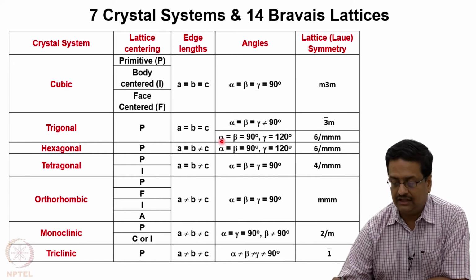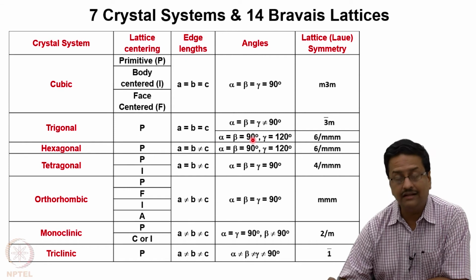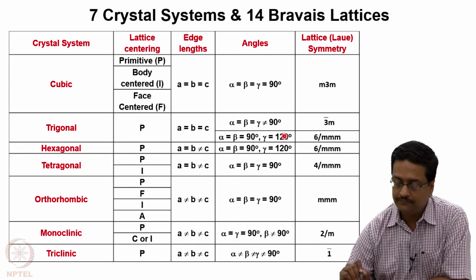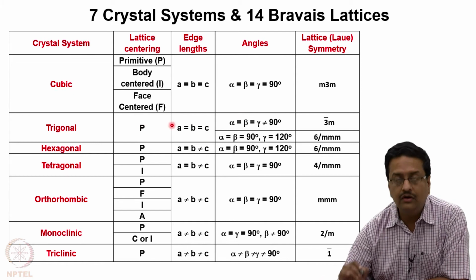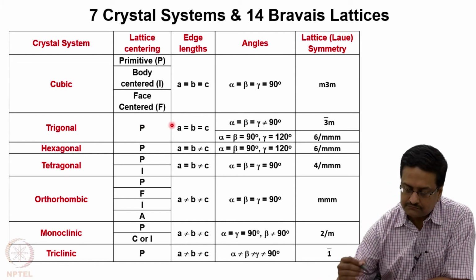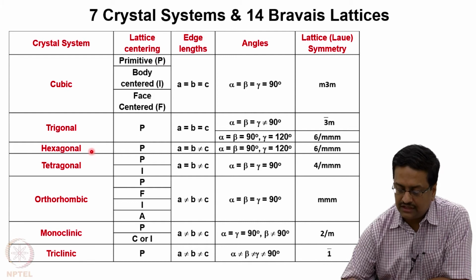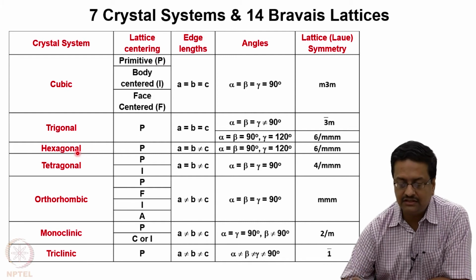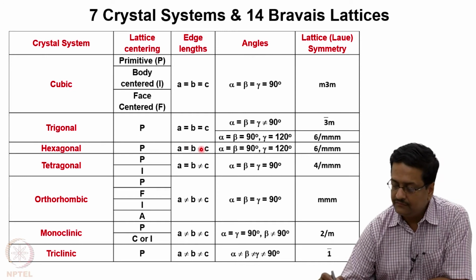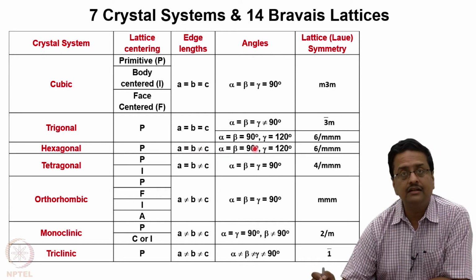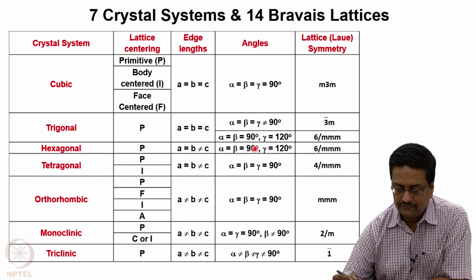We can consider alpha, beta equal to 90 degree and gamma 120 degree, but it is one type of lattice. The next symmetric is hexagonal, where a equal to b not equal to c, alpha and beta are 90 degree and gamma is 120 degree.